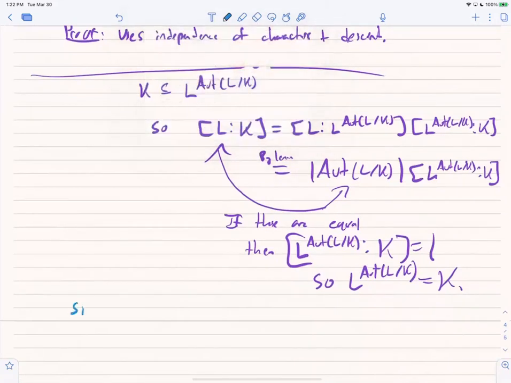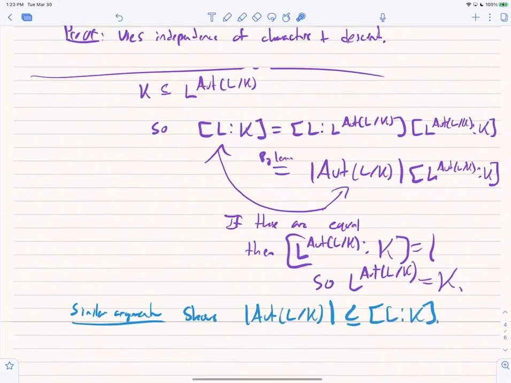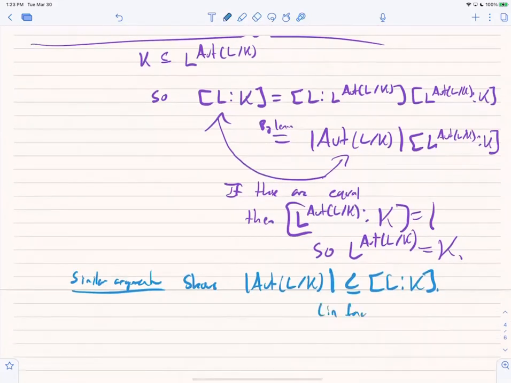A similar argument shows always that the number of automorphisms is less than or equal to the degree of L over K. In fact, the number of automorphisms is a divisor of the degree by this equation. So not really a similar argument, really the same argument. This is always true.